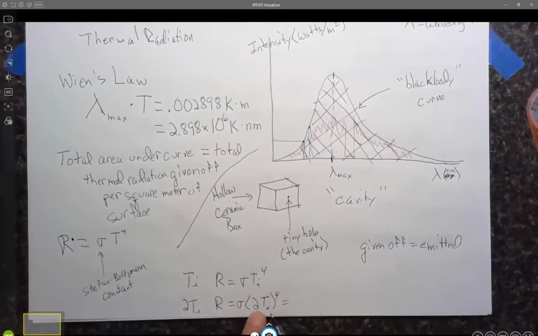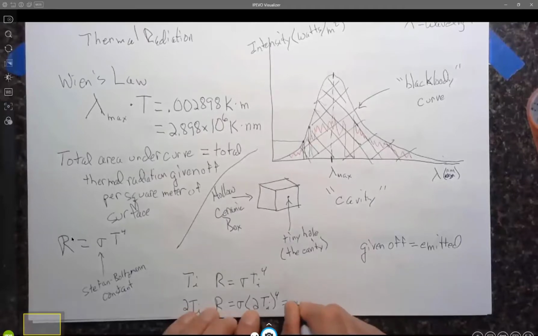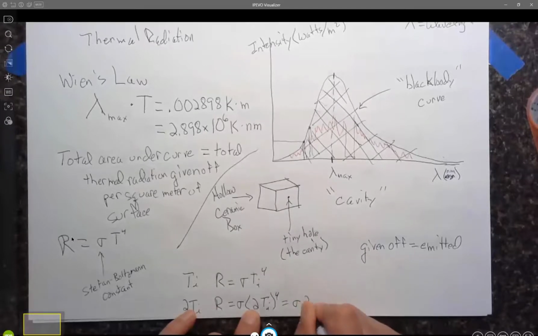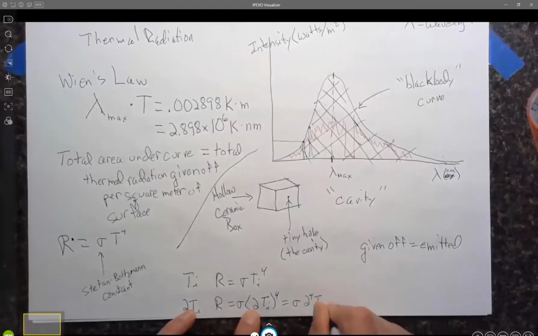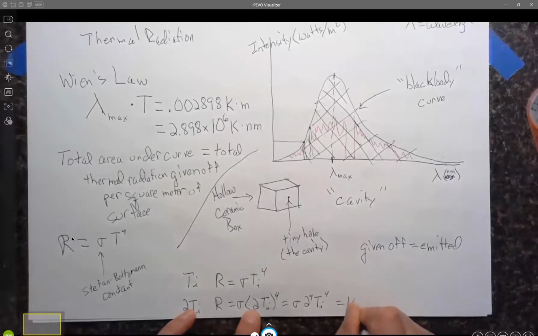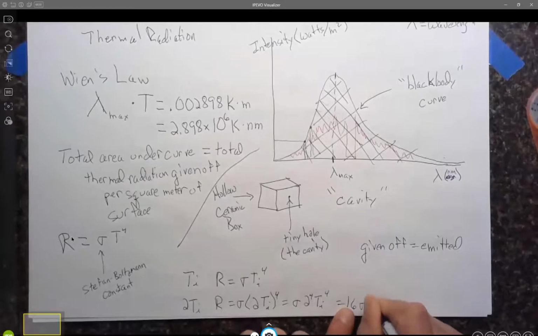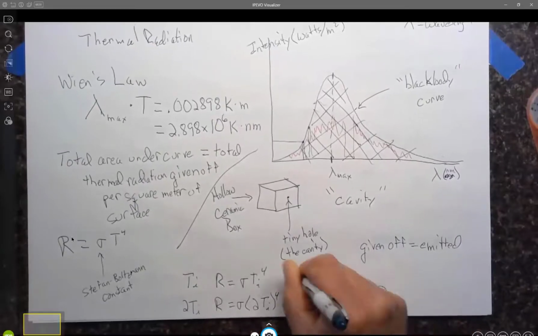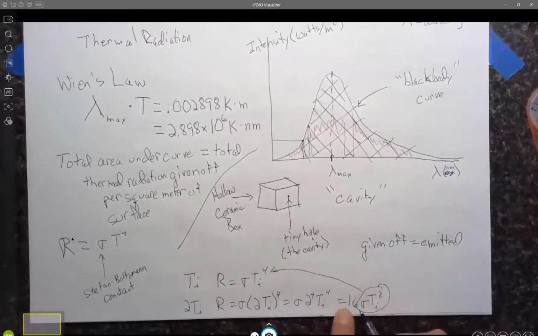And when you have things in parentheses that are both raised to a power, you end up with 2 to the fourth. So you'd have the little sigma there, 2 to the fourth times T initial to the fourth. 2 to the fourth is 16. Well, this was what it radiated initially. If you double the temperature, it'll give off 16 times as much energy per square meter.